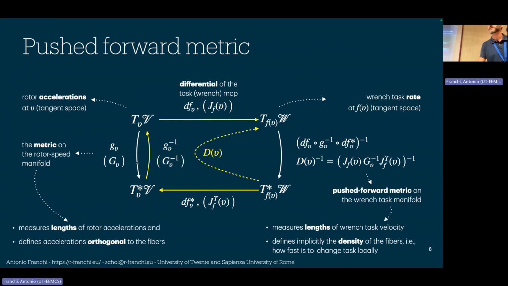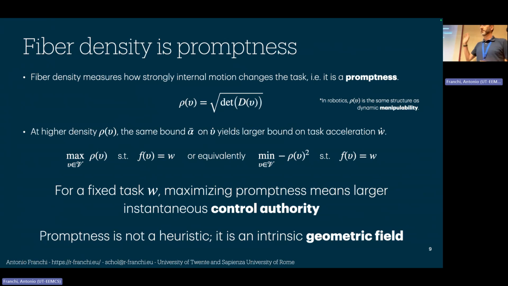This is the metric in the velocity propeller space, and you push it here so that you have a metric that tells you how quickly you can change the task at a certain working point. In fact, the working point V here is where you take the tangent space. So this is for the lovers of differential geometry. But in the end, what is practically this promptness, this ability to change the task quickly?